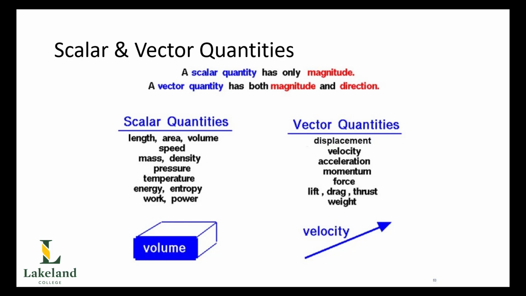Now a vector quantity on the right-hand column, these are quantities that we deal with that do have a definite direction. Something like displacement, velocity, acceleration, momentum, force, weight, etc. These are the classic ones that we work with in power engineering that are vector quantities.